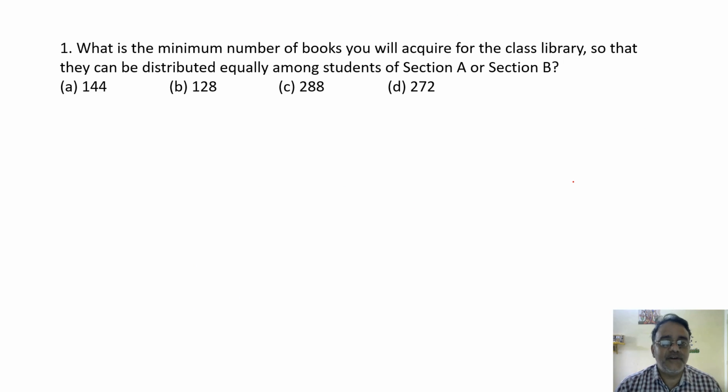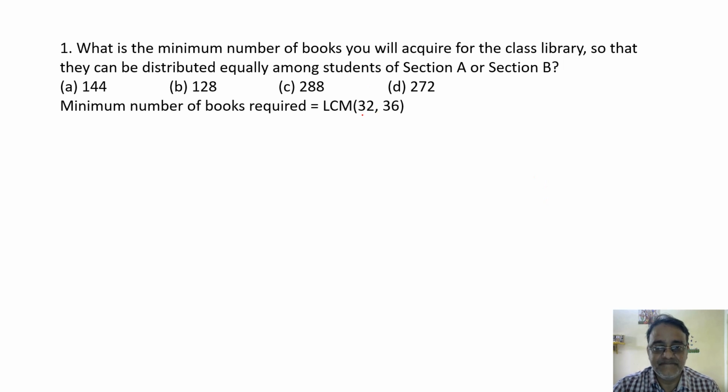So first question, what is the minimum number of books you will acquire? So the word minimum has come here, so that means we have to go for tip number 2. So we have to find LCM, right? First let's find the factorization of 32 and 36, we have to find the LCM of 32 and 36. So 32 is 2 to the power 5, that is 2 multiplied 5 times, and 36 is 4 into 9, so 2 into 2, 3 into 3, right?